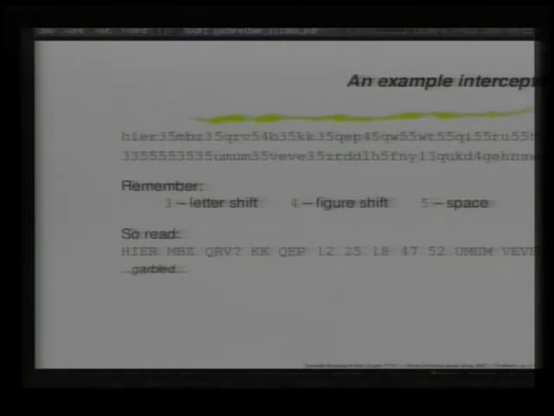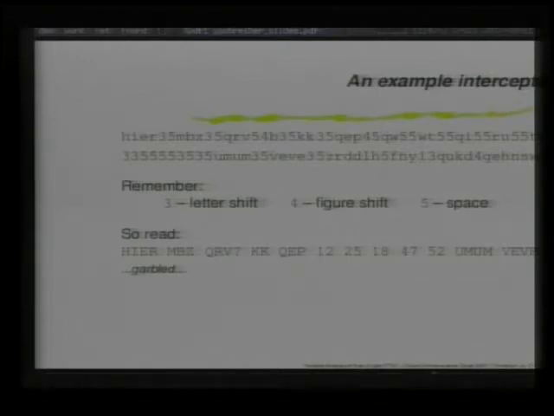The digits, remember, they mean the special characters. So if you see 3, 5 in the intercept, it means it's a letter shift followed by space. It's actually just meant to be a space, but the operators had the habit, and this is going to be important in a moment, of pressing 3 and 5 consecutively to get a space, because it would ensure that the machine was in letter shift for the next word.